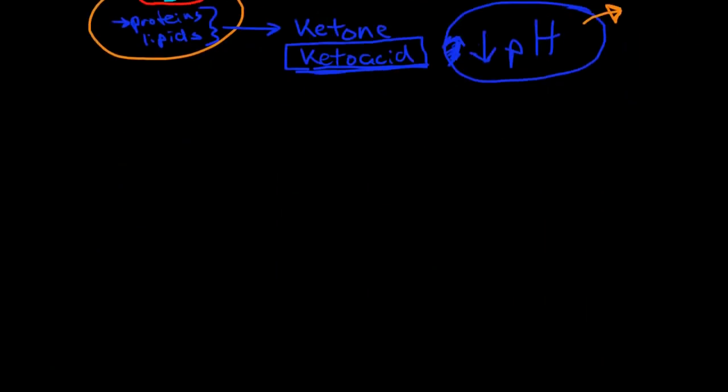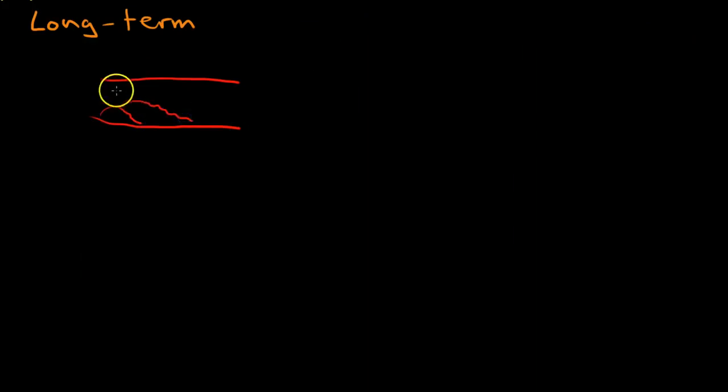The next thing I wanted to talk about are the long-term effects, long-term complications. And the major long-term complications from diabetes are primarily due to the effects of chronic hyperglycemia on the endothelial cells. So throughout our body, in all of our blood vessels, they are all lined with these endothelial cells.